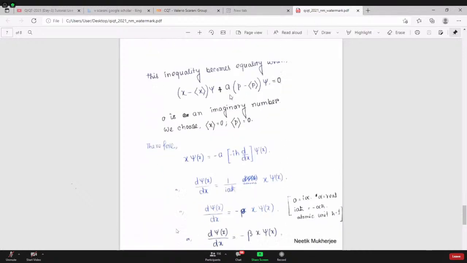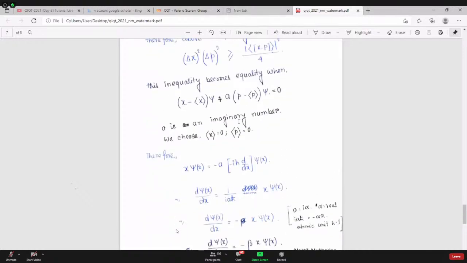Now further, we prove that A is an imaginary number, and we choose that this is an x average and this is a p average, and they are nothing but numbers. We choose this number as 0. And applying that idea, it reduces to x psi equal to minus a into p psi.